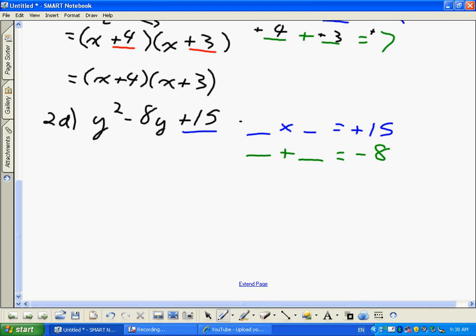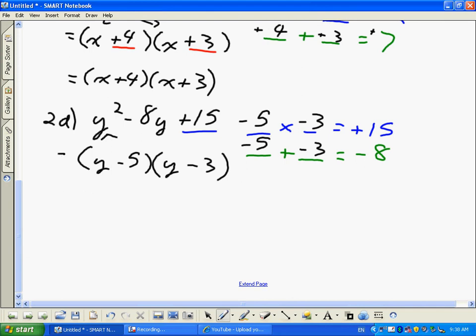Luckily, from doing this, I know that negative 5 times negative 3 equals positive 15 when I multiply, and negative 5 plus negative 3 equals negative 8. Same idea. Split my y. Minus 5, minus 3. It's my final answer to 2d. Y, bracket y minus 5, and bracket y minus 3.